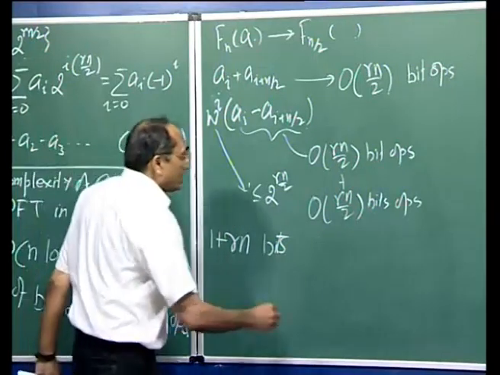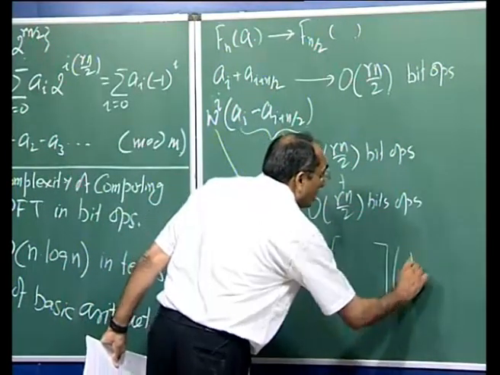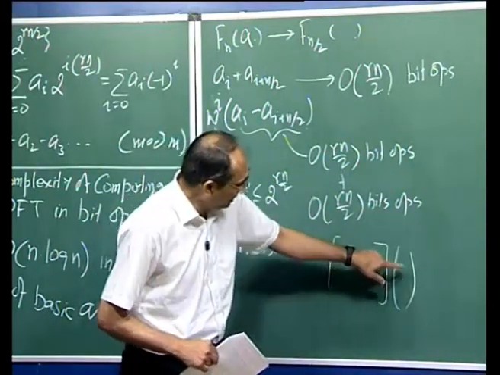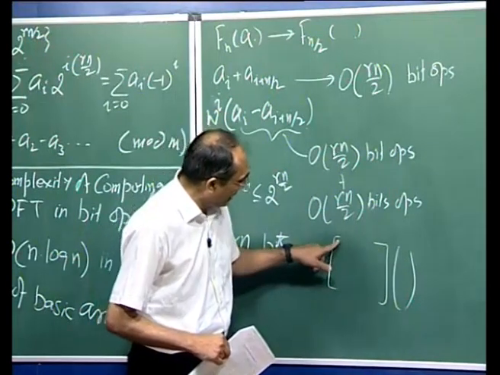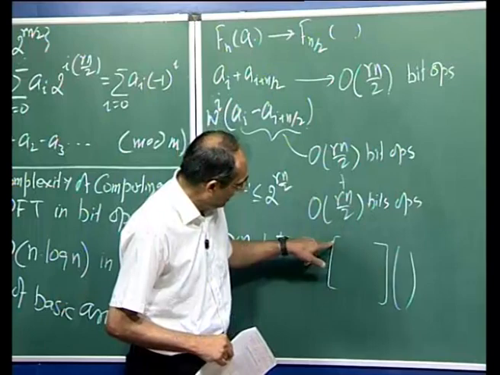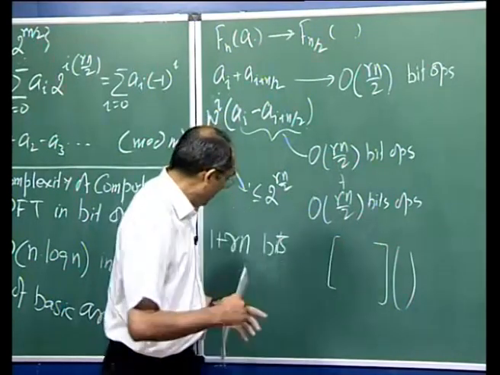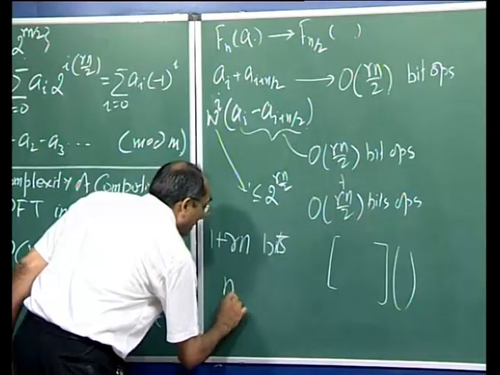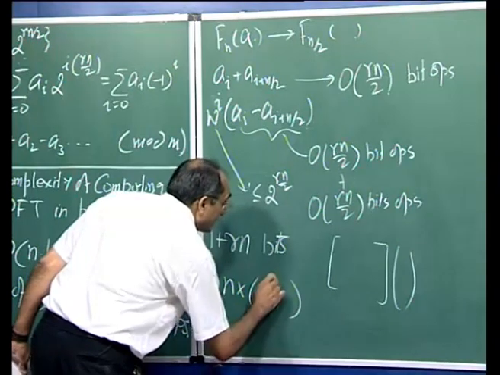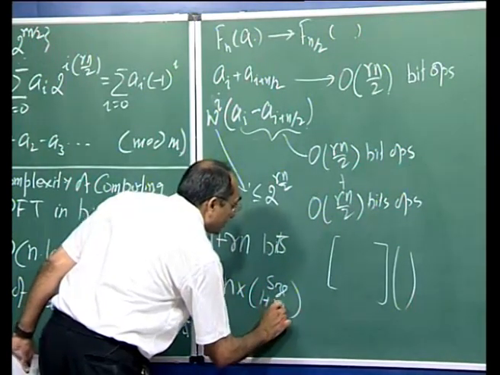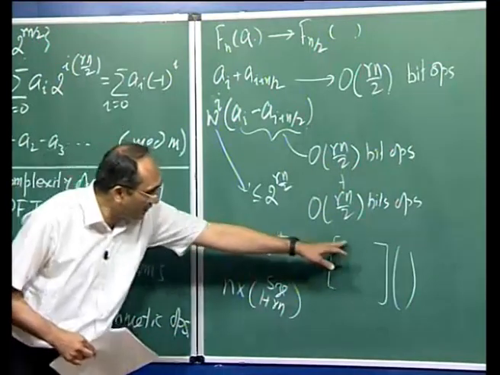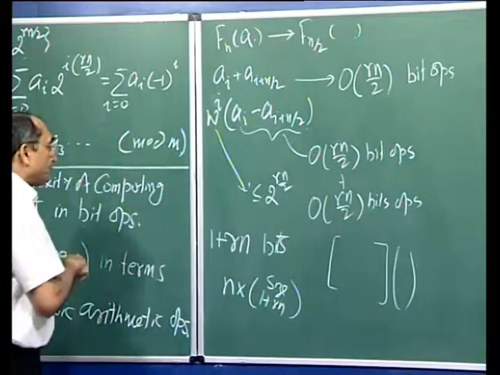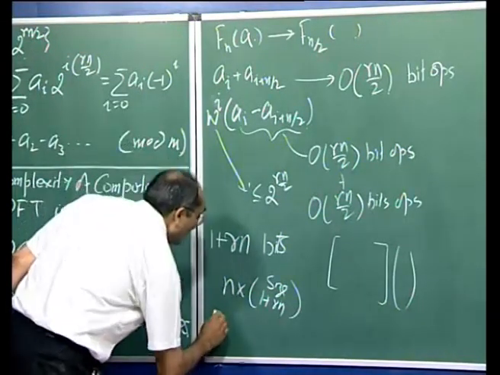And in the computation of DFT, we are actually just performing a linear operation. We are taking the dot product here. So each of these terms is being multiplied to this, and at the end of the day we are adding them all. So we have n such terms that we are adding. So the number that we will have is n times a number of size 1 plus Rn bits, because we will have n such numbers, and this is 2 power k.